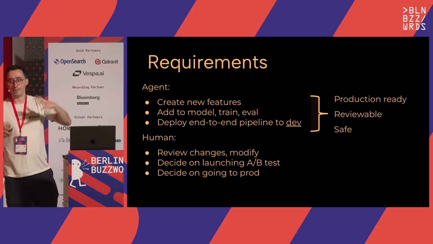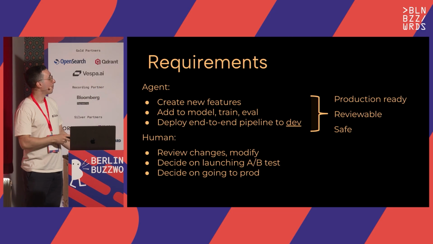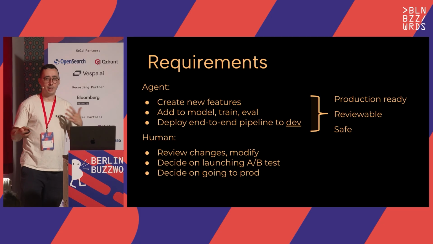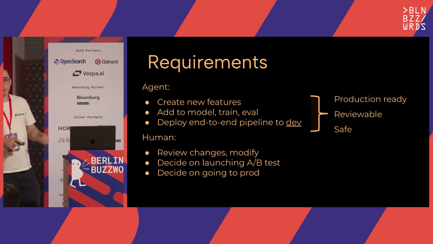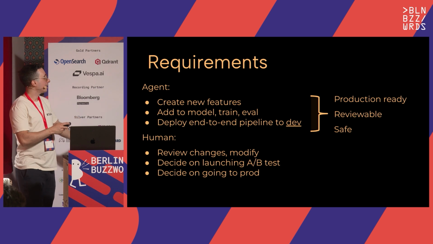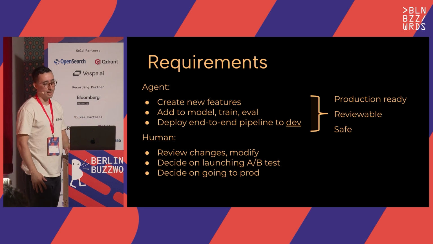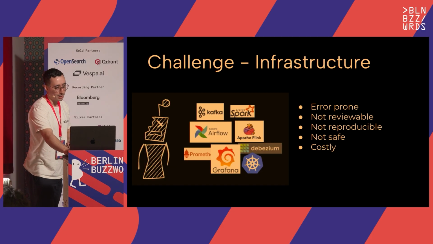Safe meaning that as you have more and more agents running things, they're not going to take down production. Where the human comes in is at the end, to review the changes, make modifications, provide guidance, decide whether to launch an A/B test and send actual traffic to this thing, and decide whether to go to production. So far, this is what we've seen be the right setup.